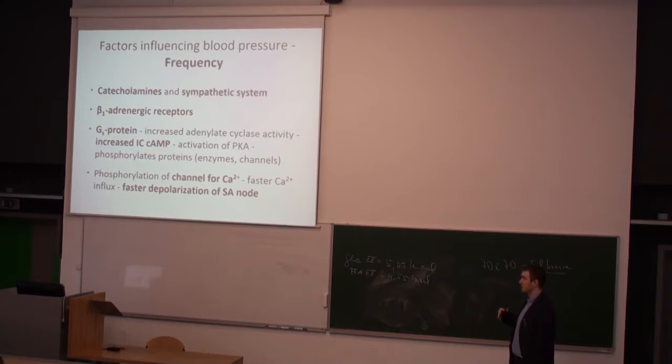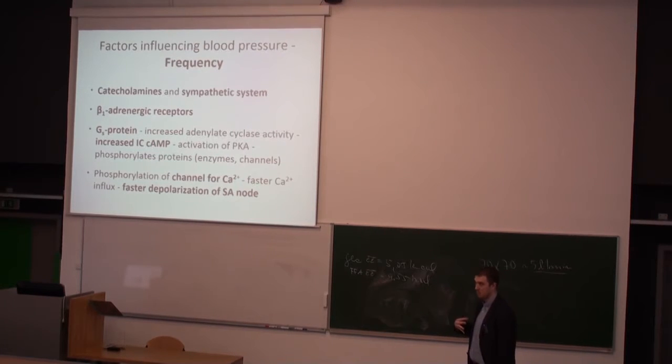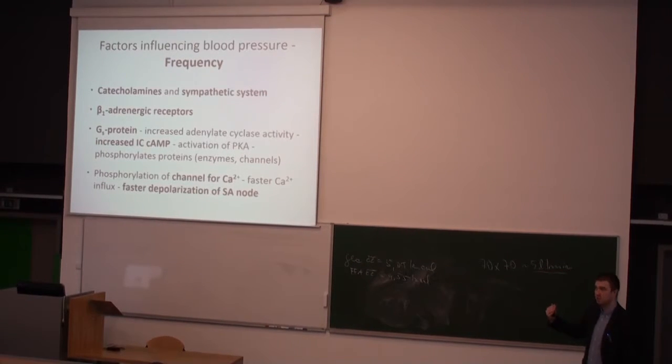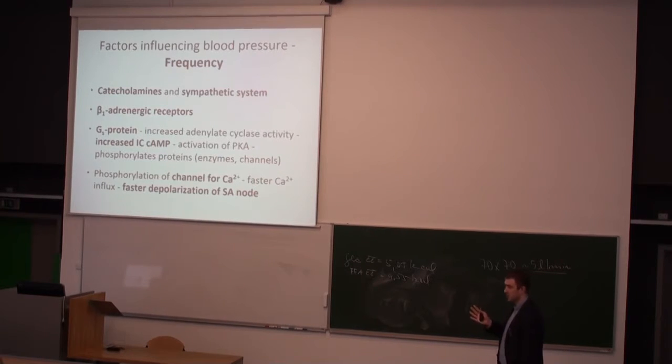What's important for us now is that you will phosphorylate the calcium channels, leading to the faster influx of calcium inside the cell. And therefore, if you have faster influx, then the generation of the signal in the respective cells is quicker, and therefore the frequency is increased. So the easier you make it for calcium to come inside the cell, the quicker the generation of the impulse will be.